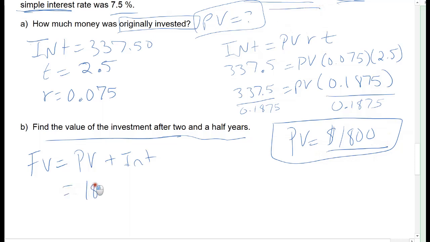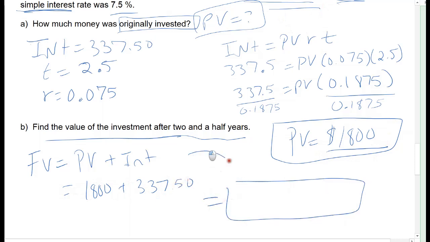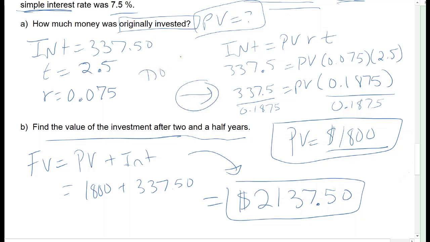So present value was $1,800, interest was $337.50. Figure out how much money I have at the end of the 2.5 years. I add those together, and so it's the dollar amount, $2,137.50 in change.